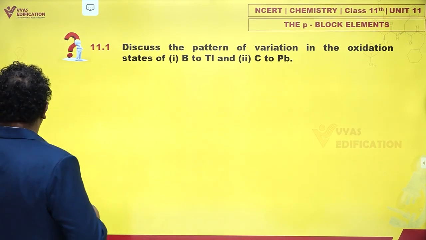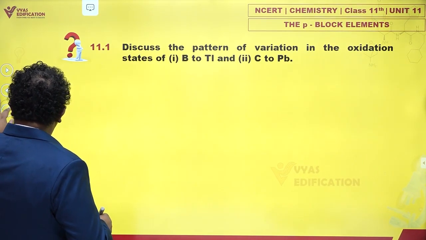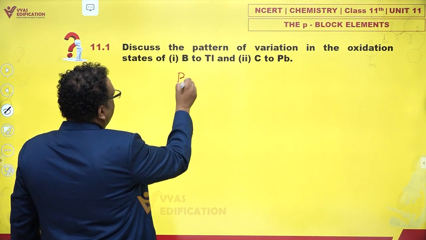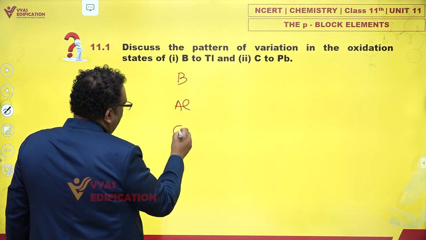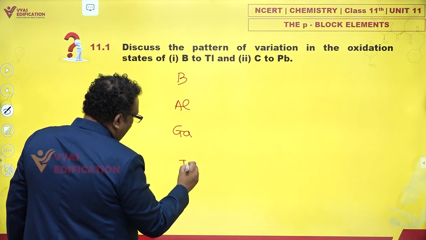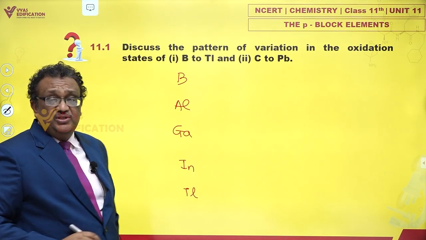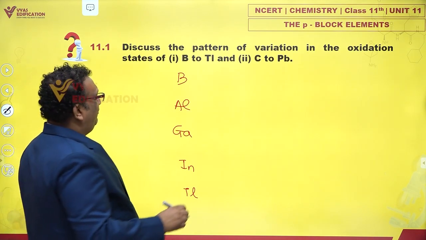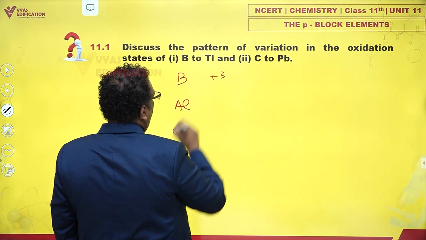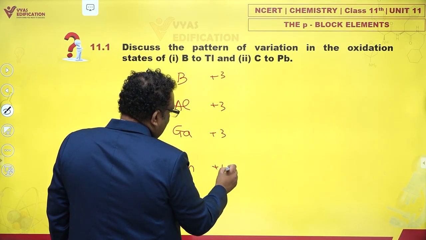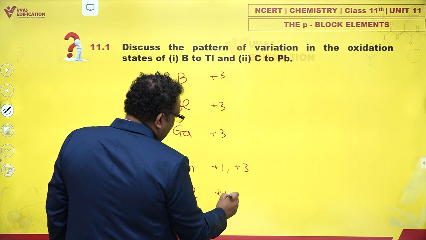Let's discuss. If you just write down the important points, you would notice boron, aluminium, gallium, indium and thallium. Now, typically the oxidation state of boron is +3, of aluminium +3, gallium +3, indium +1 and +3, thallium +1 and +3.